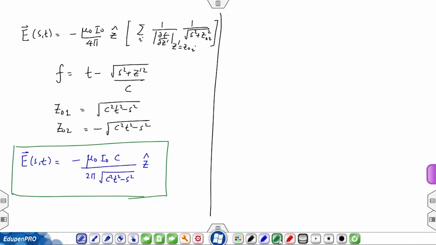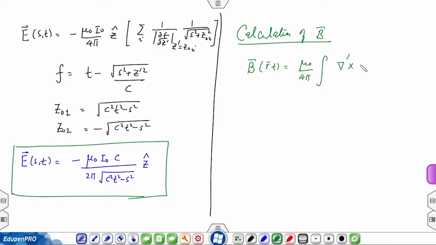How about calculation of B? For calculation of B, we have this formula: B of r, t equals mu 0 over 4 pi integral of grad prime cross j of r prime, t prime, where t prime is evaluated at t retarded, divided by modulus of r minus r prime, d v prime.